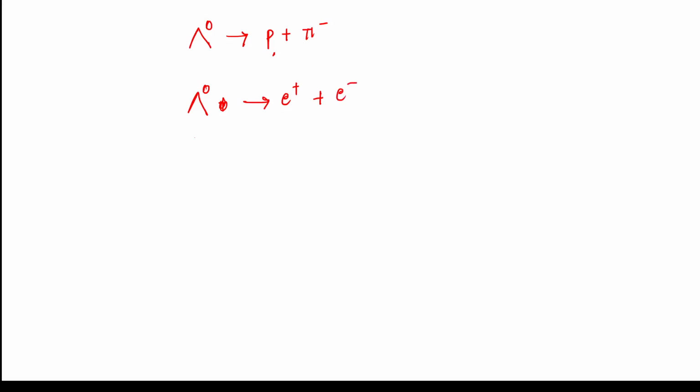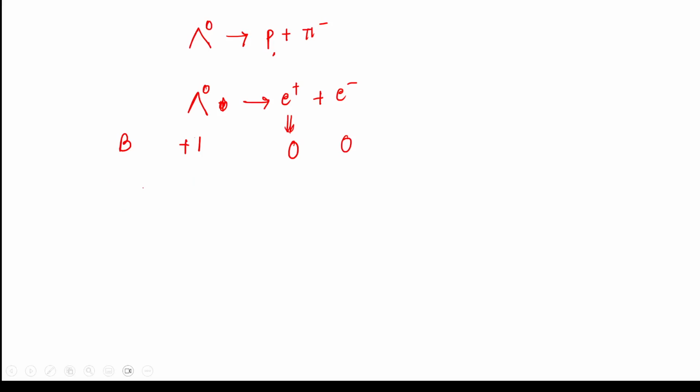Both sides have 0 charge, e plus and e minus. But the baryon number: this one has a baryon number of 1, whereas on this side, positron has a baryon number of 0 and electron also has a baryon number of 0. So baryon number is not conserved, hence the second one is not possible.